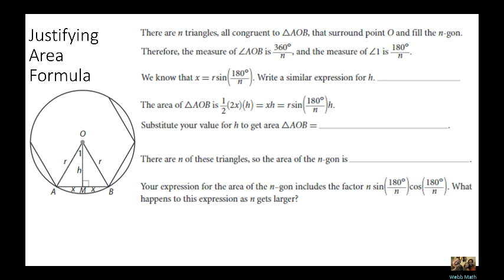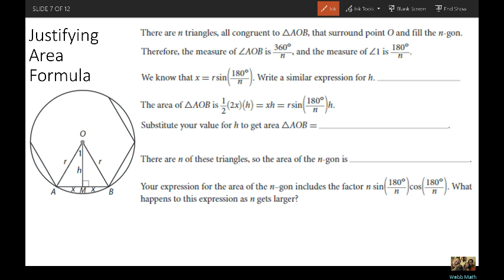So if we write a similar equation for h, you would get h equals r cosine of 180 degrees divided by n. Let's look at the logic of why that happens for h.